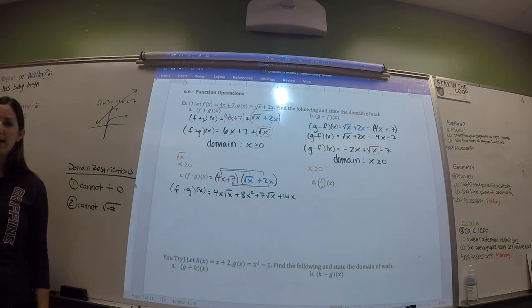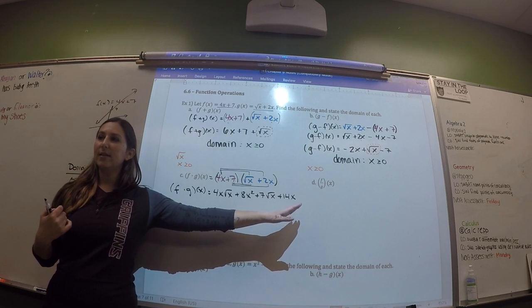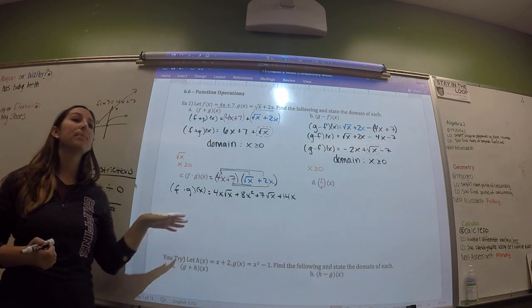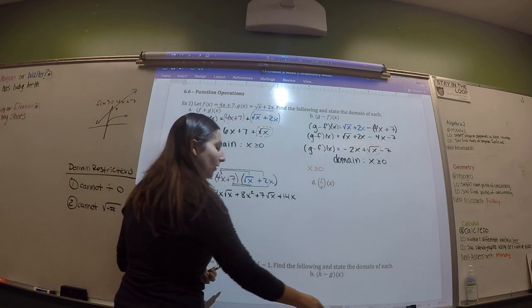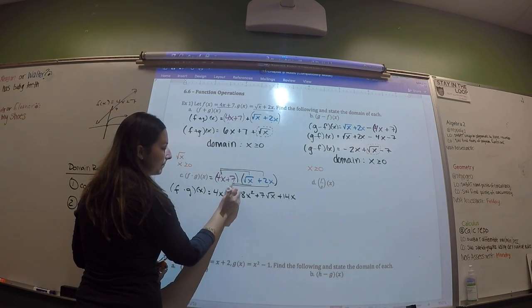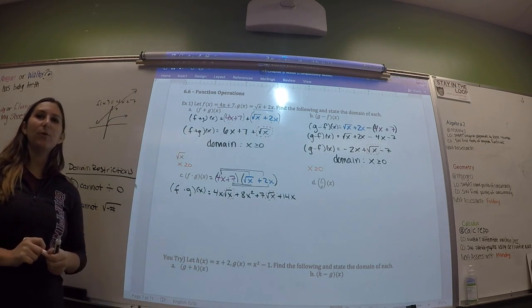Okay, let's talk about the domain. Do you have x's in the denominator? No. Do you have square roots with x's in them? Yes, you have two. Now they're both the same type, right? They're both exactly the same kind of square root of x. Now we've already done this a few times.